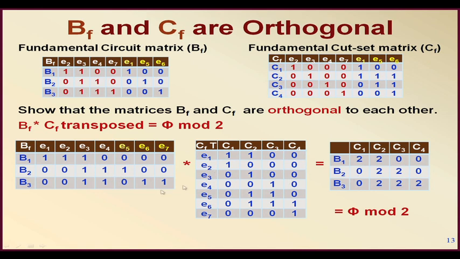So, this is 3 by 7, this is 7 by 4, and the result will be 3 by 4. So, this is the result that you get. Just look here, if you multiply BF with CF transpose, then we get a null matrix, obviously in the mod 2 domain, right. That is, entries are either zeros or 2s, right. So, that is how we say that these two matrices are orthogonal to each other.